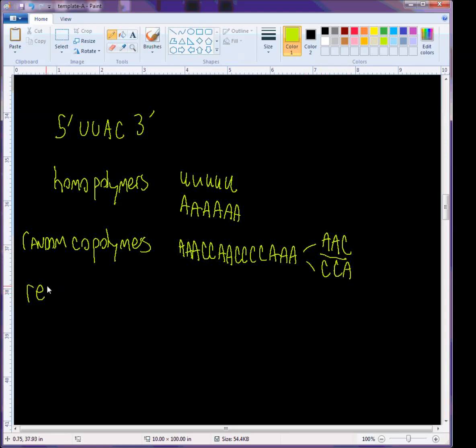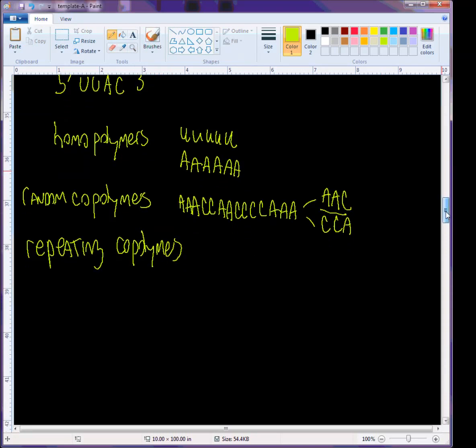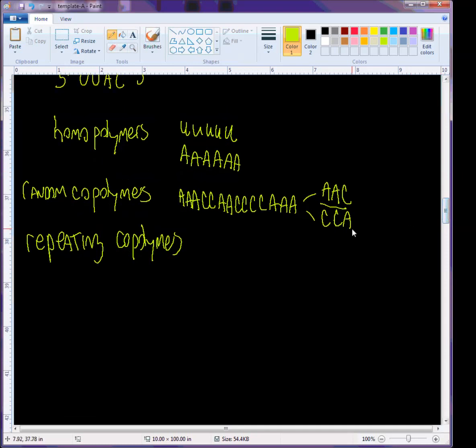And we also talked about the repeating copolymers. This happened a little bit after the development of the random copolymer assay. The repeating copolymers involved taking small pieces of RNA; scientists had devised a way to make small chains of RNA of specific sequences.